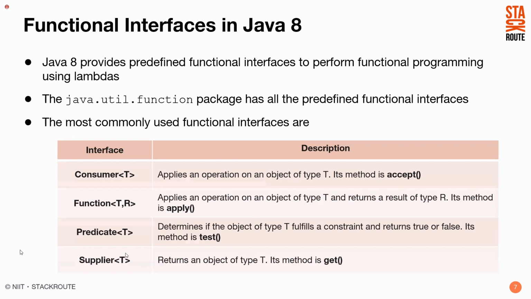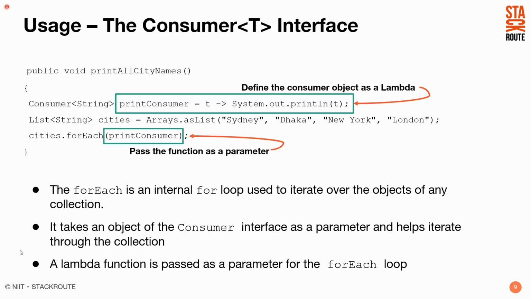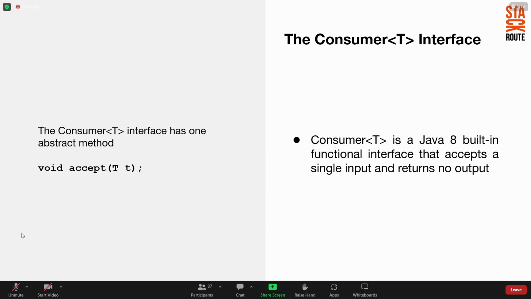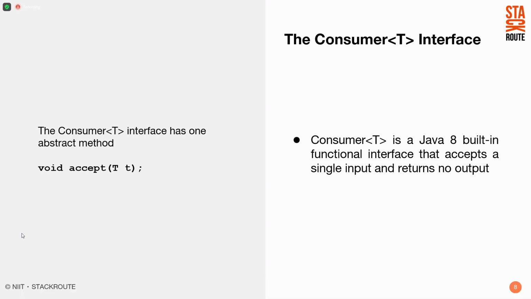Consumer and supplier are opposite to each other. Consumer will not return a value, whereas it will take one value. Supplier will not take a value, whereas it will return one. So supplier will always return a type. Whenever I want any object to be consumed or utilized, I can use my consumer interface.